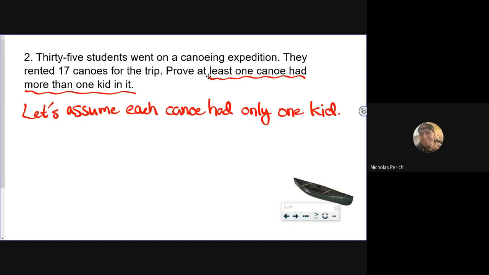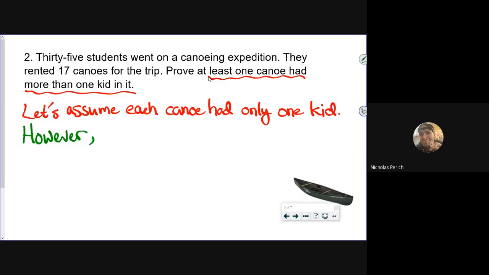So, hey, guys, we're going on a canoeing trip. There's 35 of you and 17 canoes. And Dummy in the back here says, yes, we each get our own canoe. And someone says, well, wait a minute. That's not possible. Why? This is where you fight back.